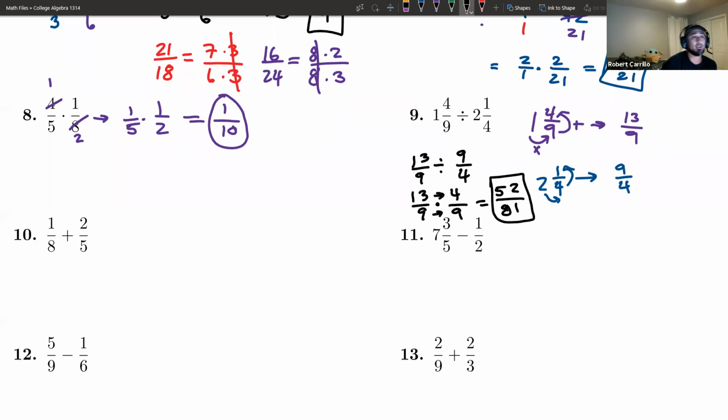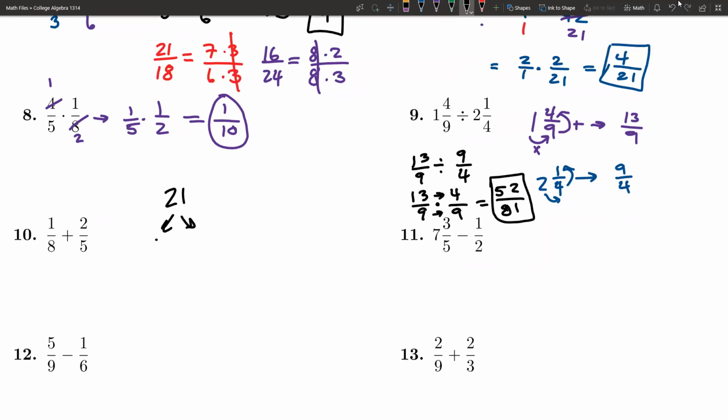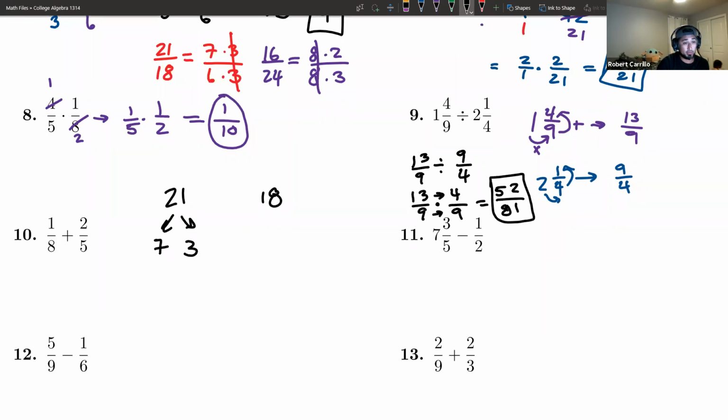Common factors. So what's a good one above? I think, look at this example, 21 and 18. All right. We want to know what's their common factor? So 21, it's all about knowing how to break a number down. 21, well, we know the only two numbers that go in there, 7 and 3, right? 18, we know there could be multiple breakdowns.